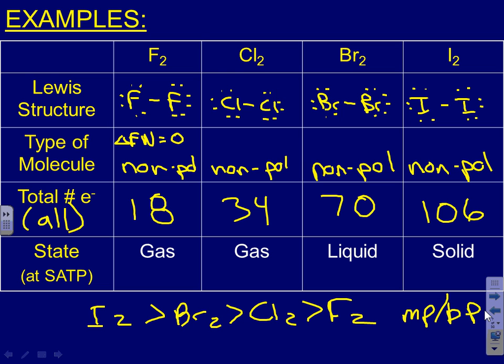All right? And that's because it has stronger London forces. More electrons, the greater the London forces, the higher the melting point and the boiling point.